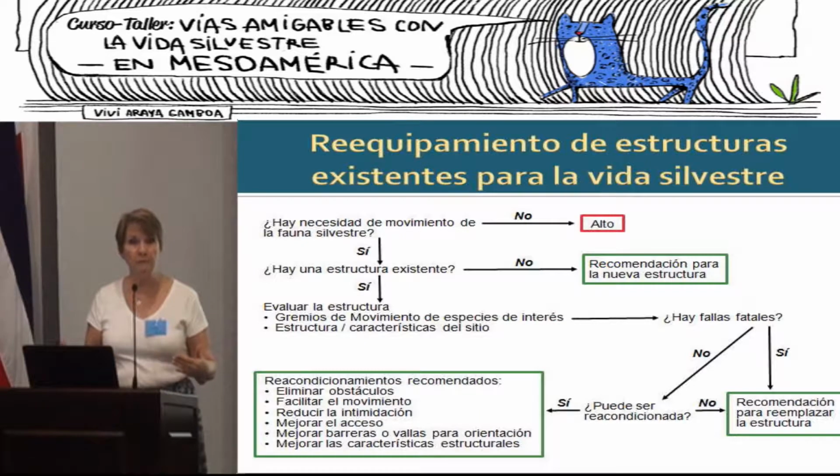It's not a perfect fix, but if you have a structure that is otherwise suitable, then a fence can probably increase the use of that structure at a relatively low cost, depending on the fence.